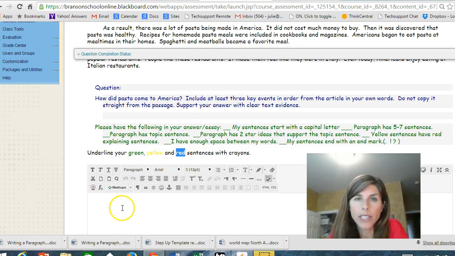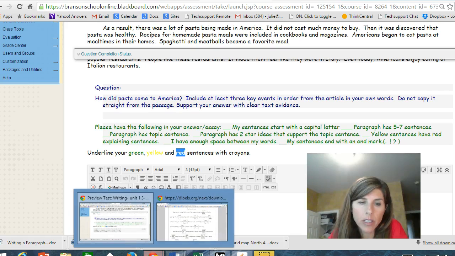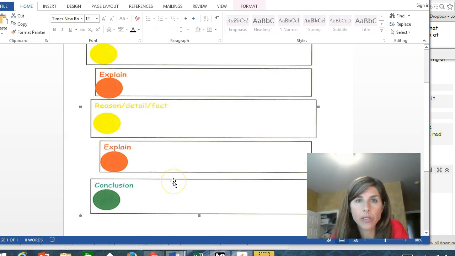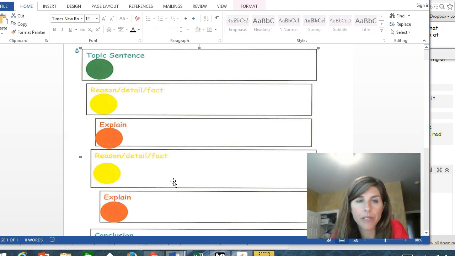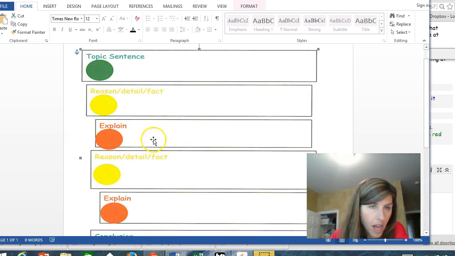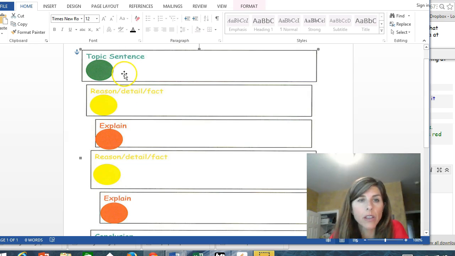Now, you want to think about organization. One way is you can do your own little outline, but you do have an outline that you can use this week, so you'll print this off. So you'll write your topic sentence, and then let's review that topic sentence.